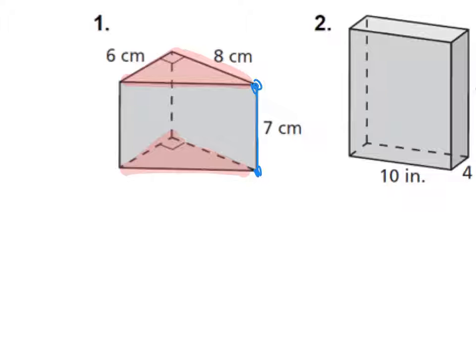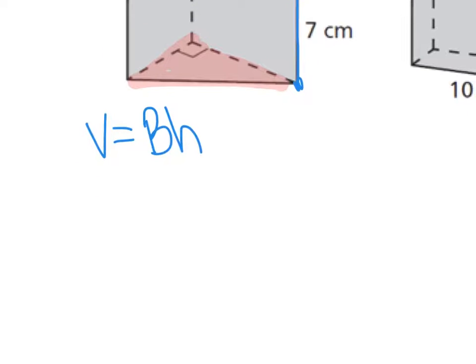Okay, so our formula for the volume of a prism is the area of the base, capital B, times the height. So the way I always explain how to do these is I break the formula apart, okay, and I say capital B is the base. Well, what shape is the base? Well, we've highlighted that the base is a triangle.